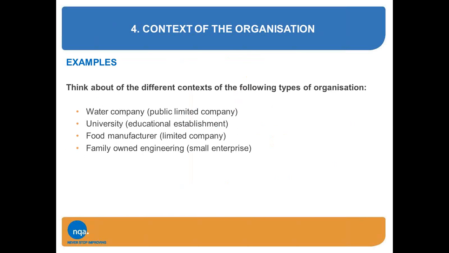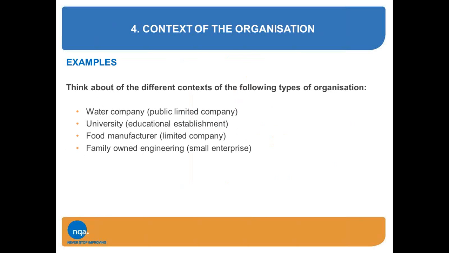All of these are typical examples of the types of industry that may well use a management system, but they all vary vastly in their context and what they need and who potentially are the interested parties and what are the requirements based on them.